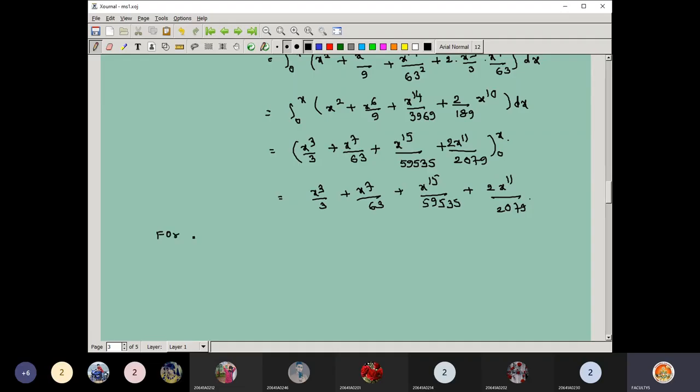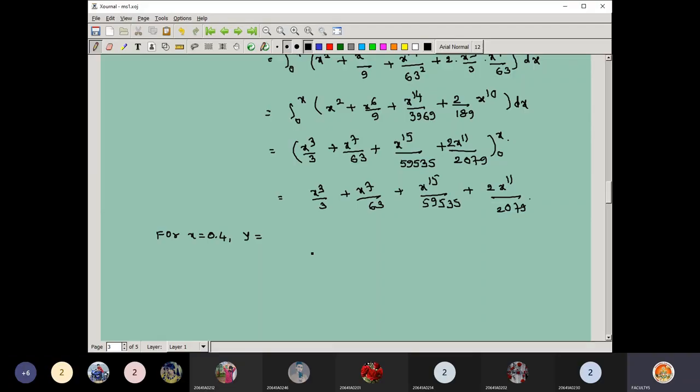So for x equal to 0.4, directly in the last answer you substitute. It is 0.4. You find out that value. Direct substitute. It is 0.4, power is 3, so it's divided by 3.